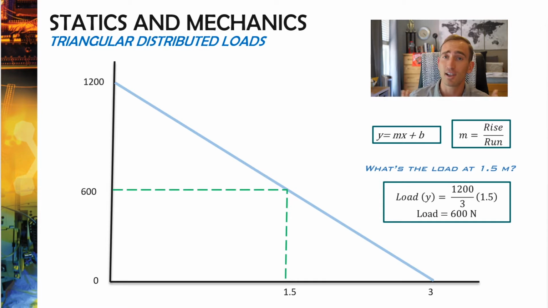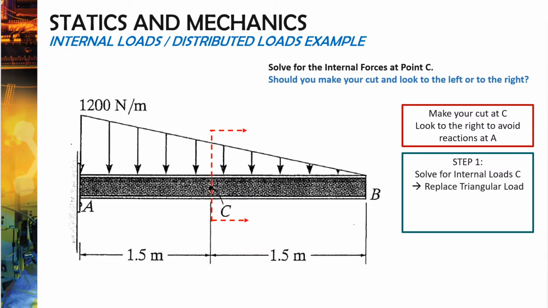Now we don't always get this lucky that we're right in the middle, but this is the methodology you can use to figure out the height of the triangle through the point you cut. Because we can't use 1200, that's how tall it was at the far end, we need to use in this problem 600. So now that we've done that, I'm going to jump to the handwritten solution and show you how to calculate all of the internal loads at point C for this particular example problem.